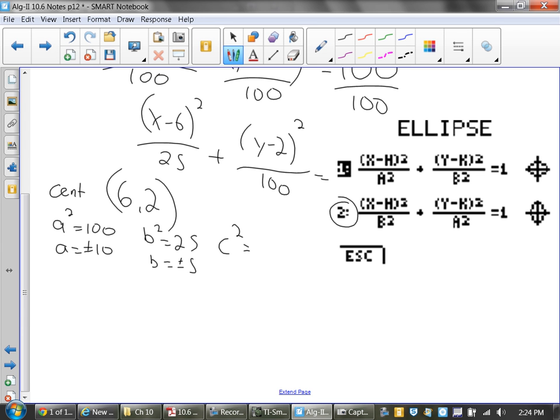So what will c squared equal then, guys? 75. C squared is 75, so c will be plus or minus 5 root 3. Okay? If you don't know how to do square roots, remember what you did in the calculator to figure it out? Divide by x squared.